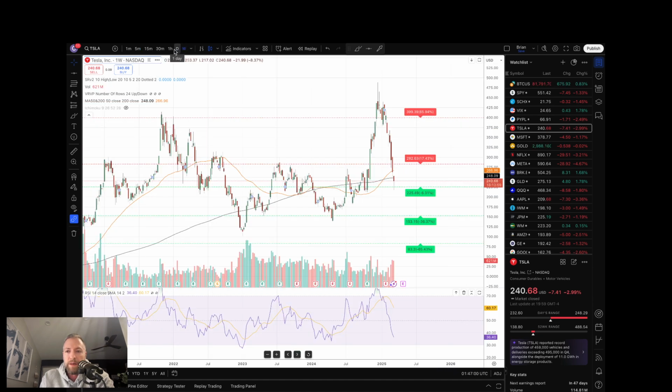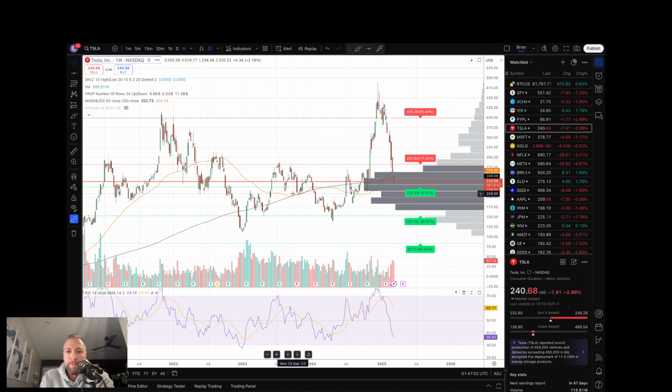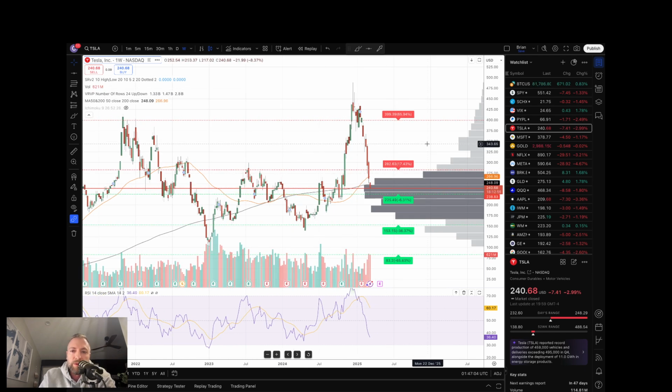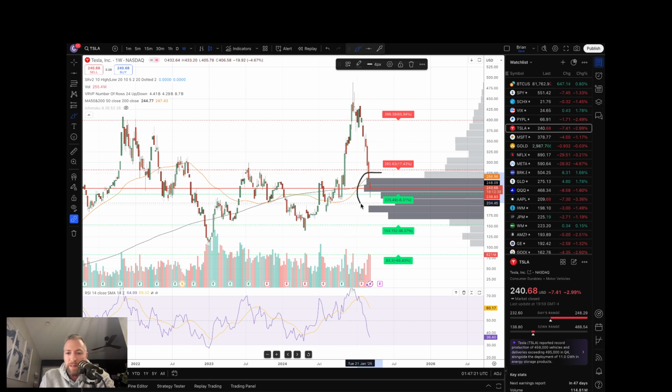If you look right here, a lot of times when there's not a lot of volume profile, you'll see the stock either shoot up really fast or drop down really fast within this area. So it's something to really keep your eye on. As you can see with Tesla, volume profile was pretty much right in this area.